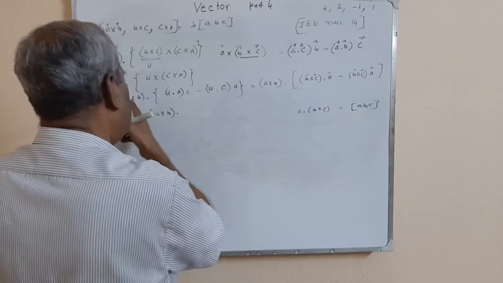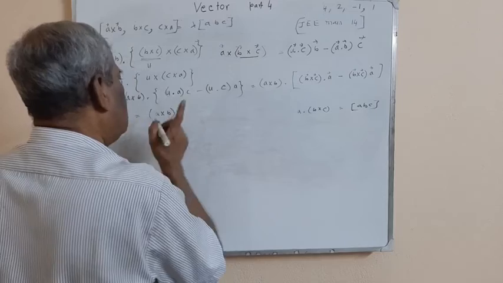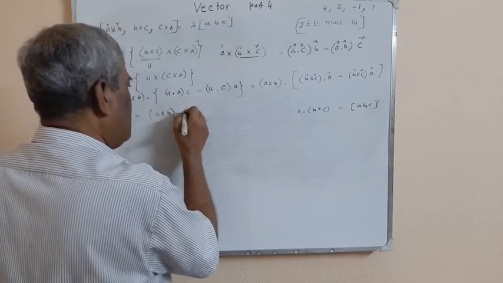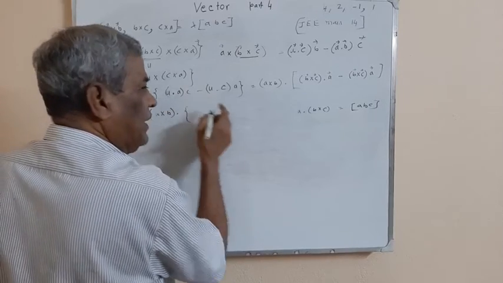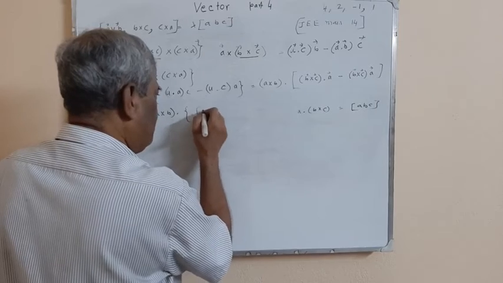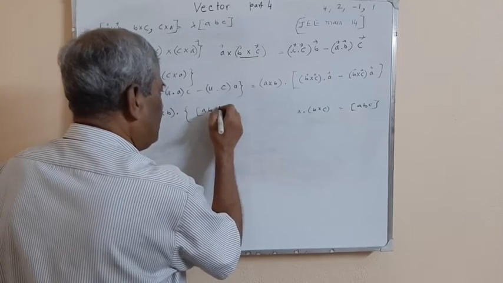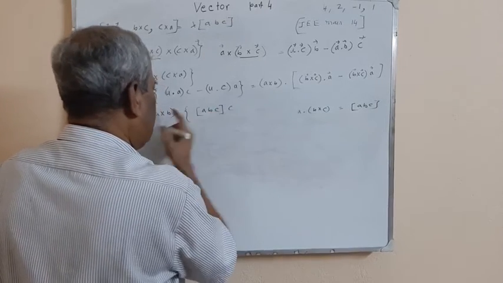And A cross B dot this is ABC into C vector.